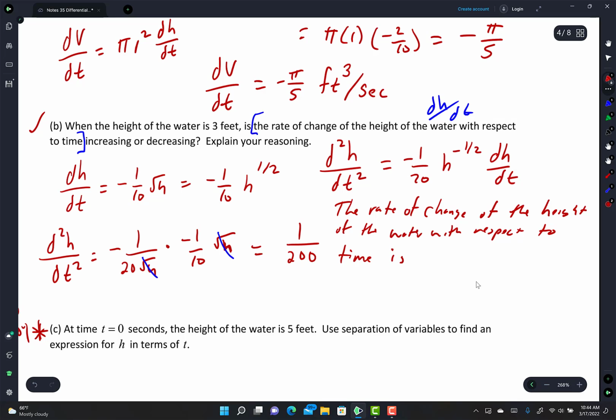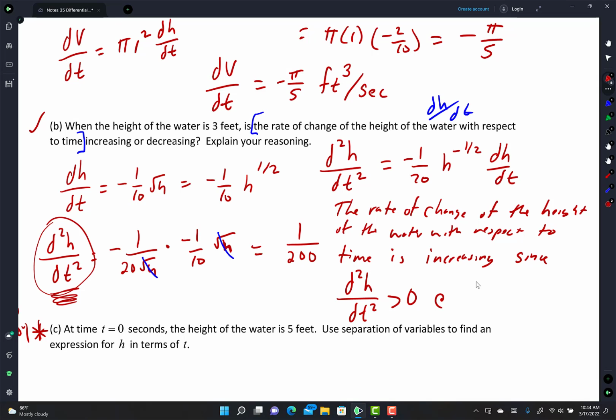Yeah, I heard, be confident. Is what? Is increasing. Why? What's positive? The second derivative, so make sure you say that. With respect to time is increasing since the second derivative, I'm going to write it like this, guys, with this symbol: since d2h over dt squared is positive when the height is what?